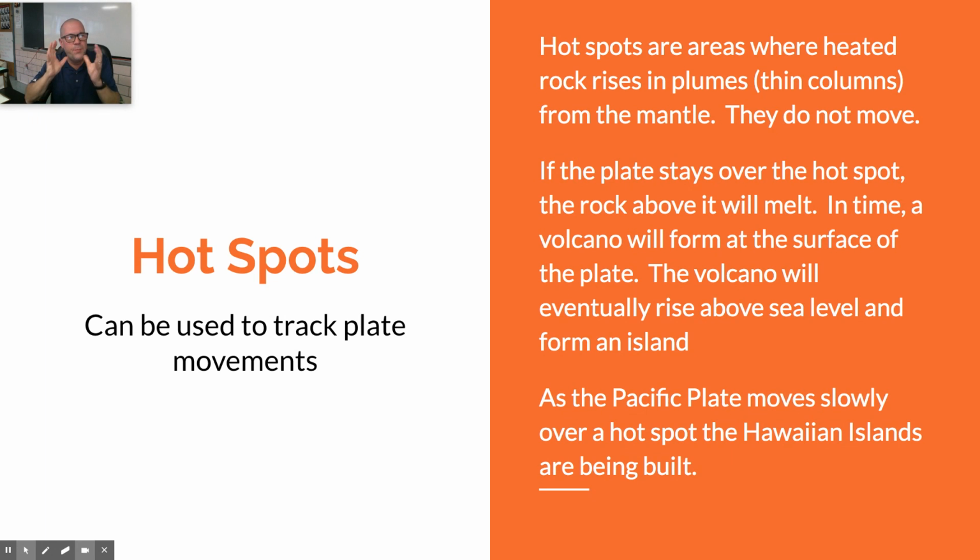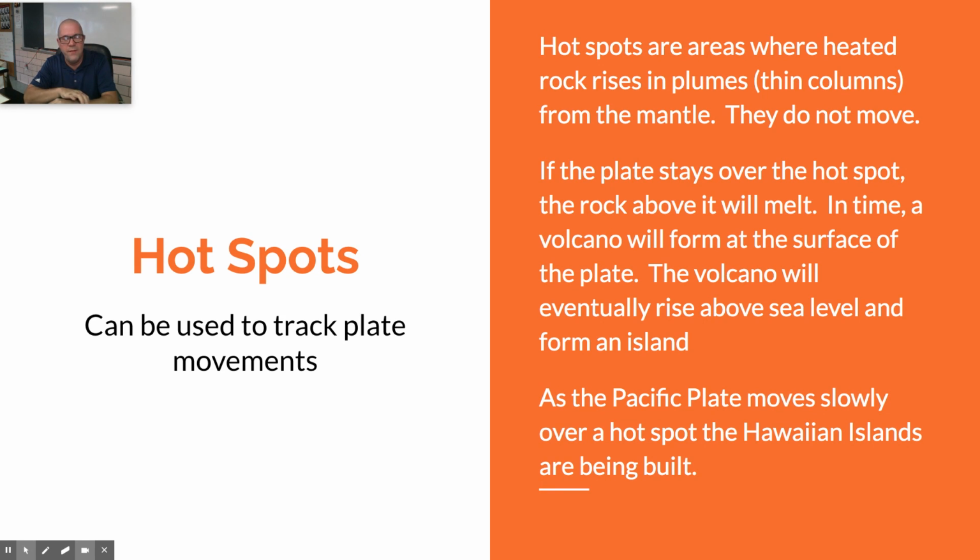Now, hotspots don't move. They stay stationary. All right. What does move is the plate above it. So if the plate stays over the hot spot for an extended period of time, the rock above it will melt, and in time, a volcano will form at the surface of the plate.